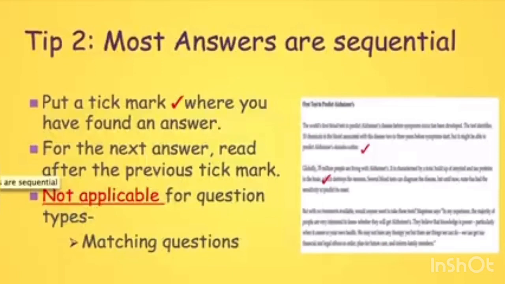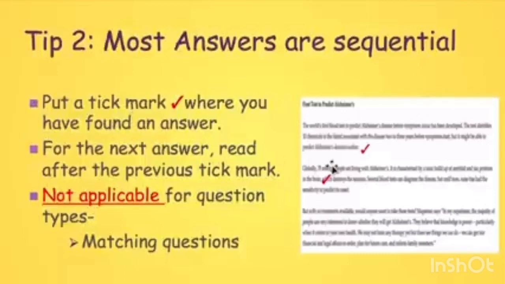The next tip that I have for you is most answers are sequential. This means that the answers are generally in order. So put a tick mark wherever you have found an answer.